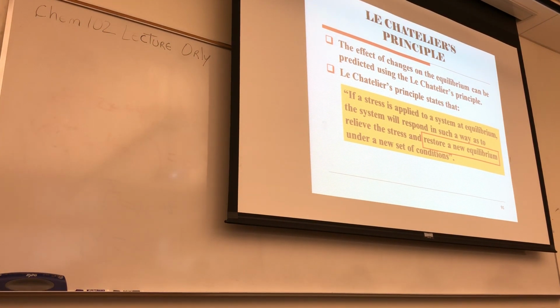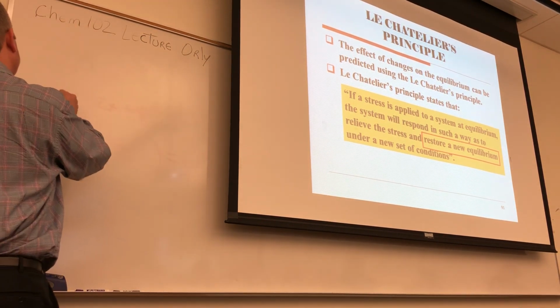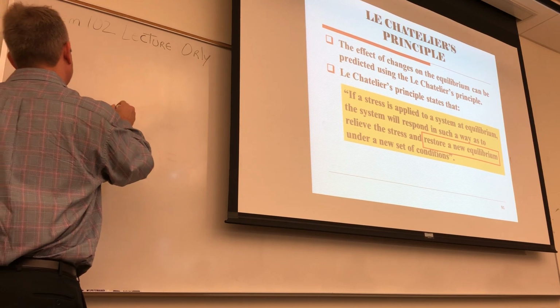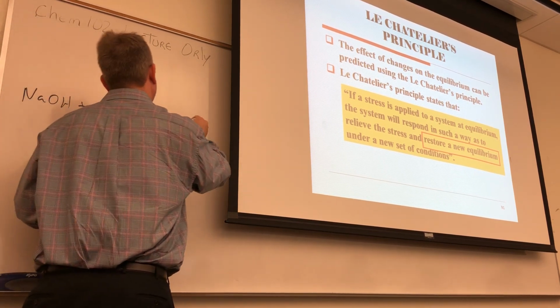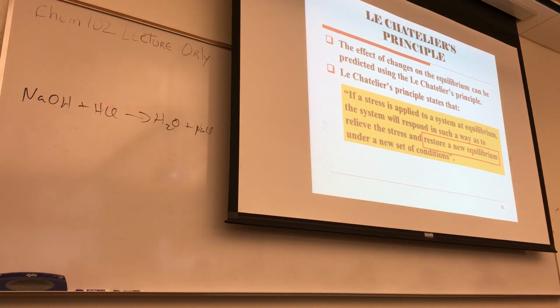So what does that tell you? Would that apply here? I want to make sure this is really clear; it seems like a simple concept. Would that apply here? No, why not? It's not an equilibrium, right.